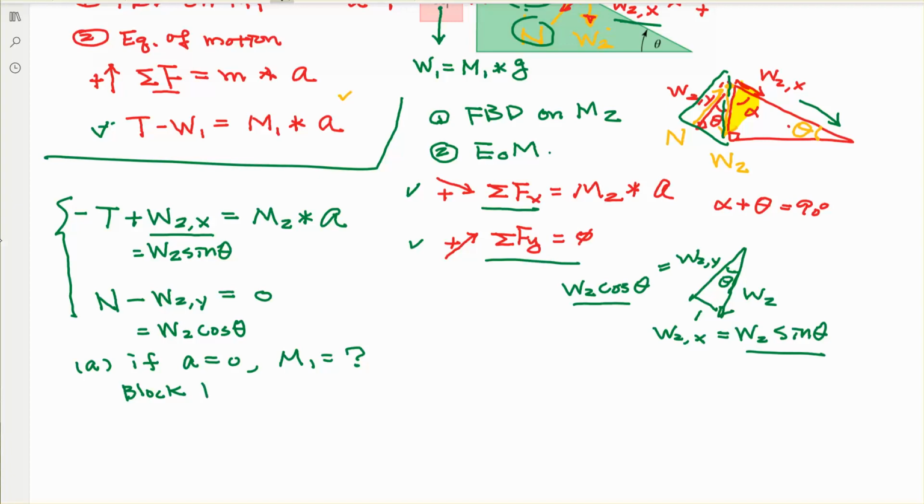For block 1, I have T minus W1 equal to what? Equal to 0, because they are in equilibrium.